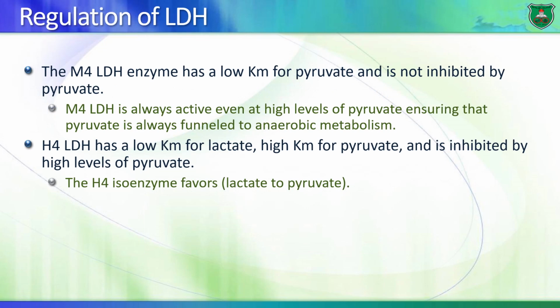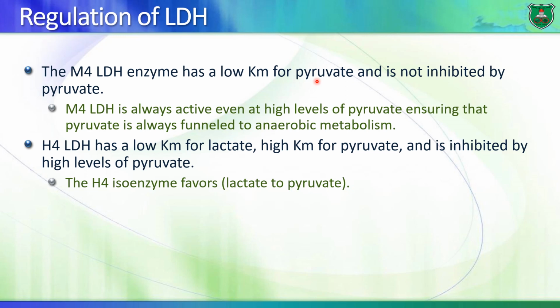Not only that, these enzymes have different catalytic properties in terms of their preference of which reaction to drive, they are also regulated differently, okay? And they have different affinities towards their substrates. So for example, the M4 lactate dehydrogenase isoenzyme has low Km for pyruvate, so it has high affinity for pyruvate.